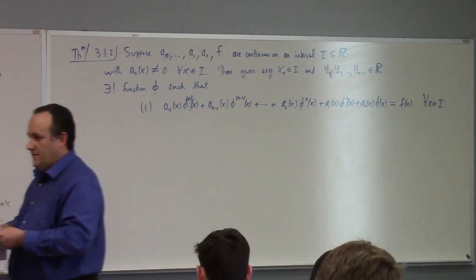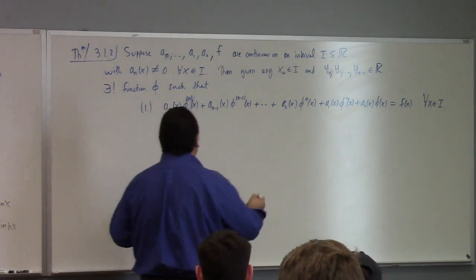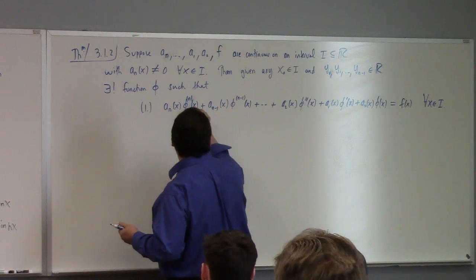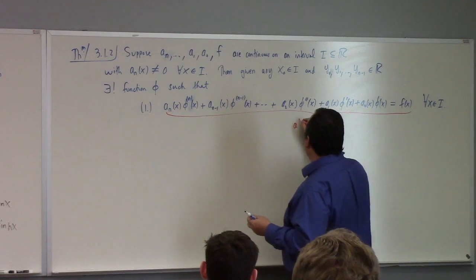Let me give you a much easier way to write that, right? If we use the notation I introduced at the start of class, how can we express this more compactly? Like, what's another way to say all this? AKA what?